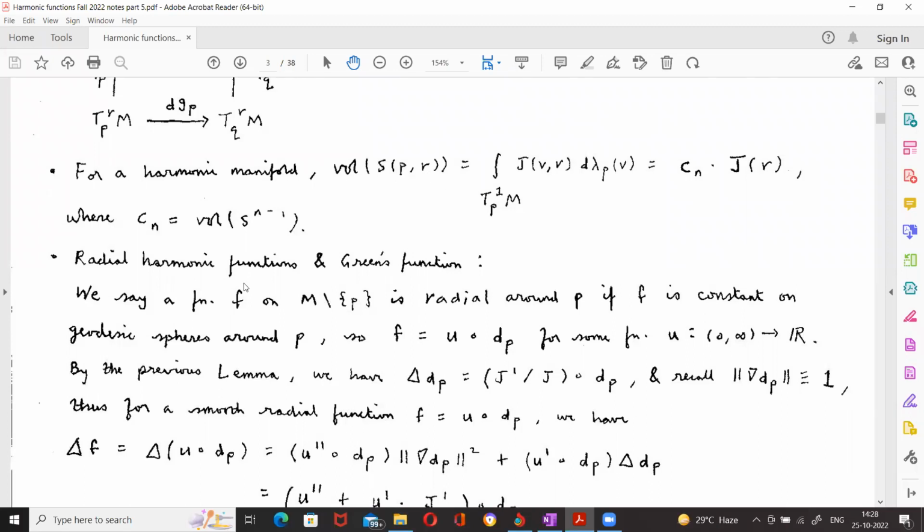Now we can use the Jacobian to construct certain harmonic functions on a harmonic manifold.